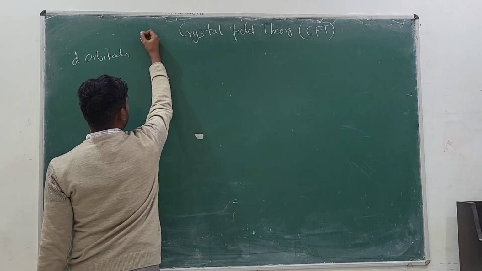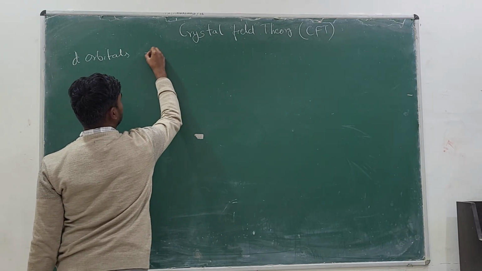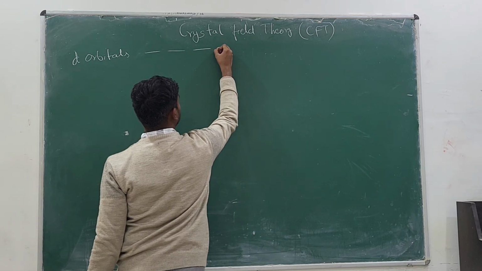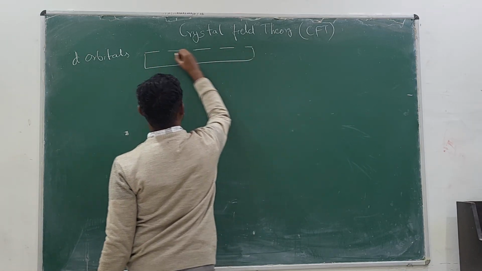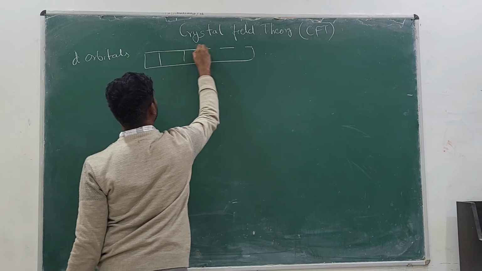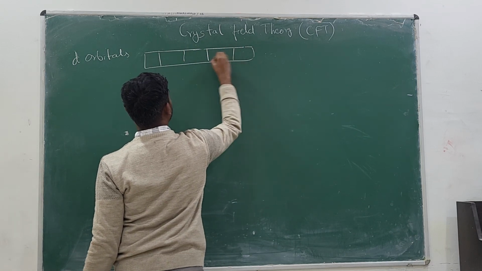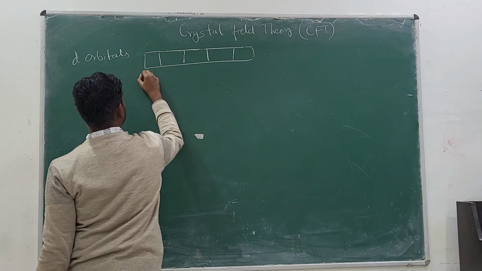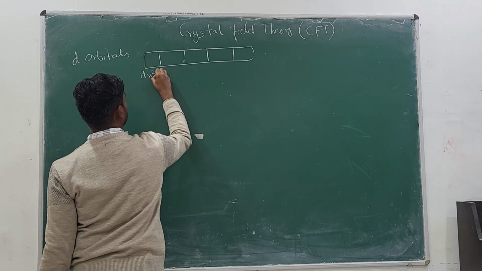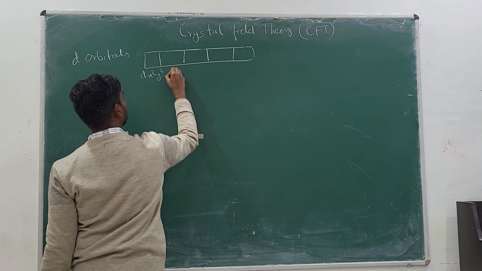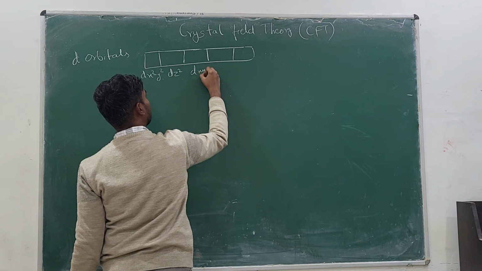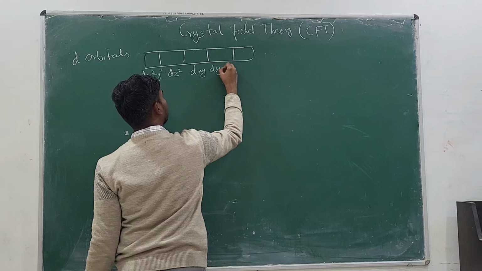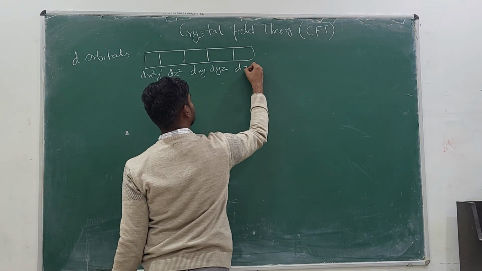So there are 5 types of d orbitals: dx square minus y square, dz square, dxy, dyz and dzx.